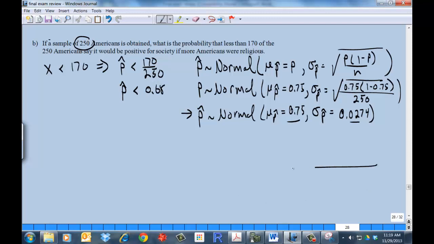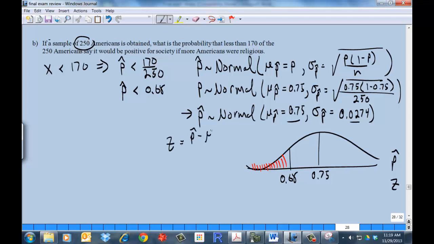So now we can go ahead and draw our standard normal bell curve, label it with the mean of 0.75, and find our boundary point 0.68 for p hat. Remember, we're going to convert our boundary point, that's the probability we're looking for, our boundary point of 0.68, into a z-score using the z-score formula.